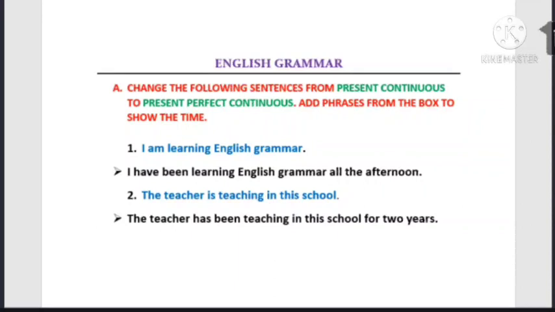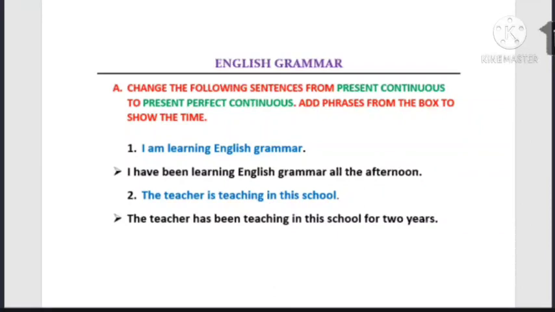Okay. Next, the teacher is teaching in this school. Now again you have to change this sentence into present perfect continuous. So we will again follow the same structure. We begin with the subject, the teacher. The teacher is the subject here. Now the teacher is singular, right? So we will use has. After the helping verb has, we will use been.